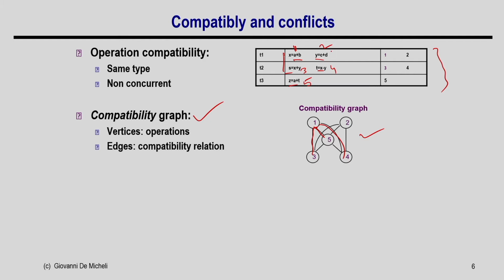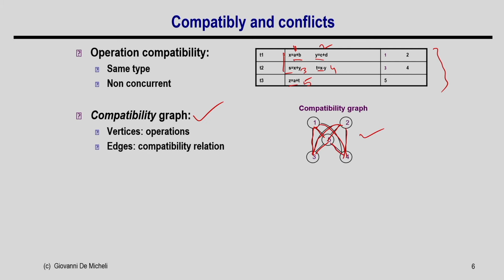Similarly, from 2 I should have edges to 3, 4 and 5, because they are compatible with 2. For operation 3, 1 and 2 are already covered, so I have an edge from 3 to 5. Similarly, from 4 I have edges to 1, 2 and 5, where 1 and 2 are already there. So, I have an edge here.